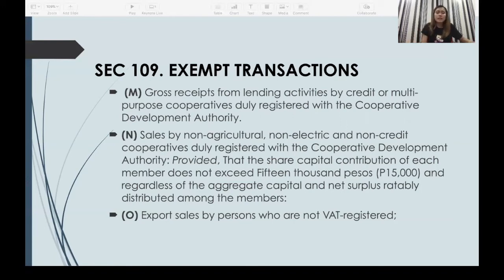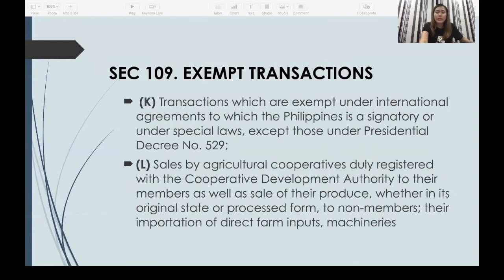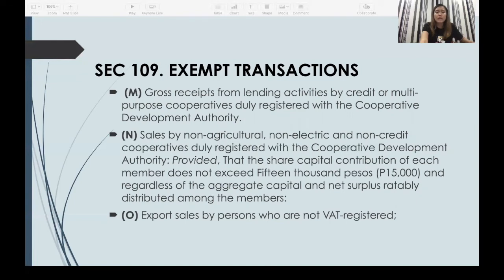Next, it is sales by non-agricultural, non-electric, and non-credit cooperatives duly registered with the CDA, provided na yung share capital contribution is not exceeding 15,000. So as you can see, Section 109L is about agricultural cooperatives, and then 109M is lending activities, mga credit cooperative. Now, 109N is other types of co-op.